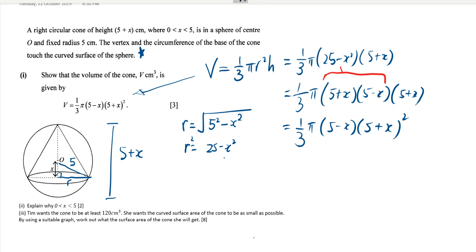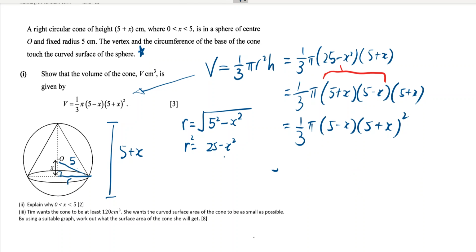Number 2, explain why x must be between 0 and 5. So how do you explain? Always use words like since and therefore to explain your mathematical argument. You can say that since 5 minus x must be greater than 0, if not, the whole volume will be negative, and we cannot have a negative volume.